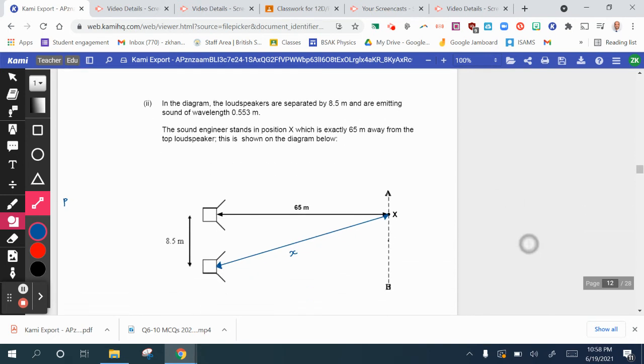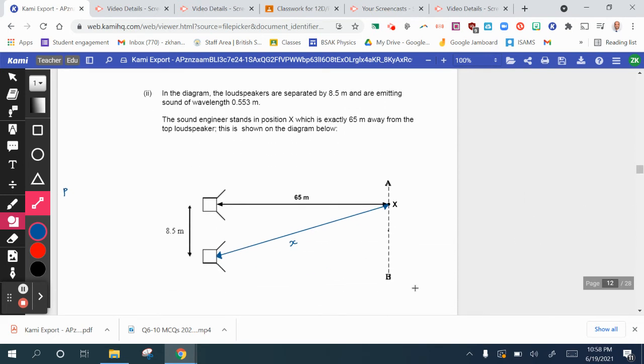The next part to this question: in the diagram, the loudspeakers are separated by 8.5 meters and are emitting sound waves with a wavelength. So the wavelength is given. The sound engineer stands in position X, which is exactly 65 meters away.